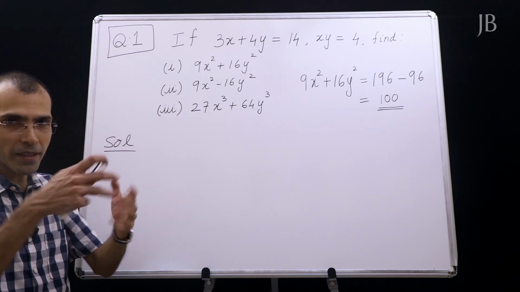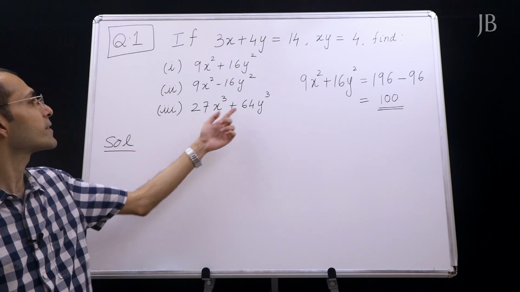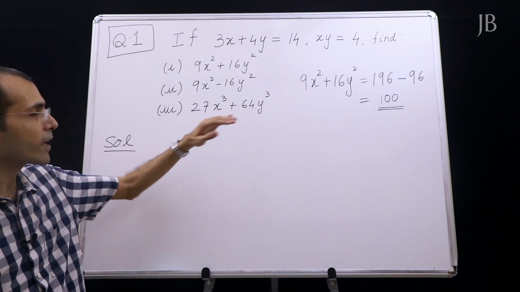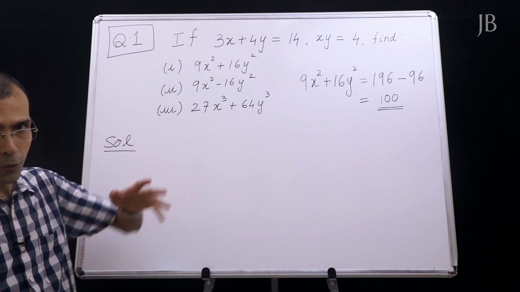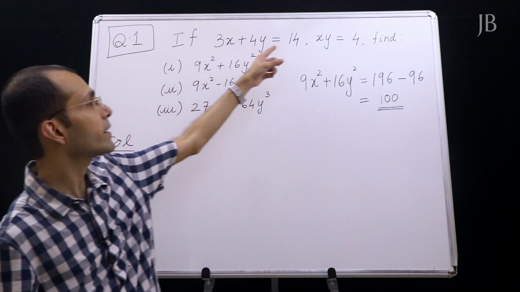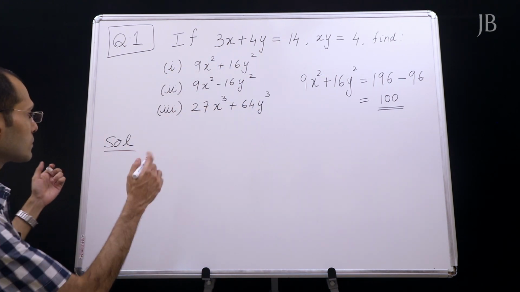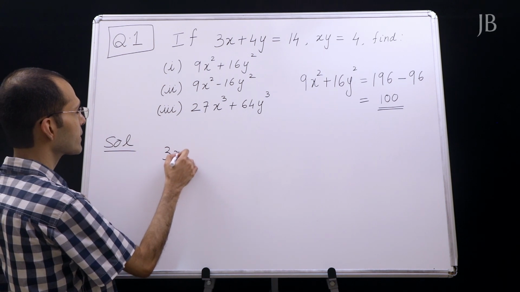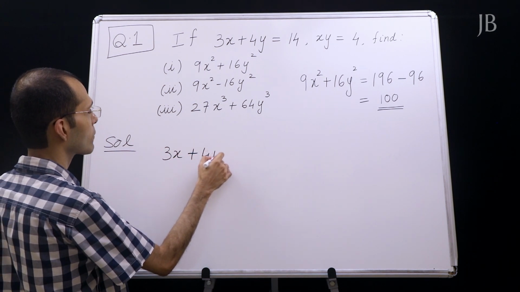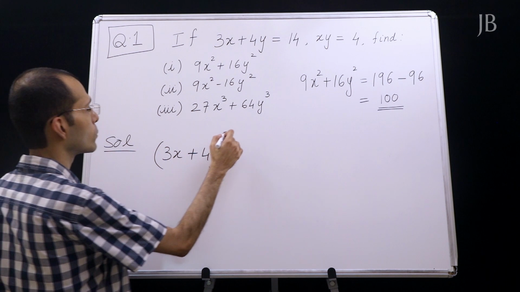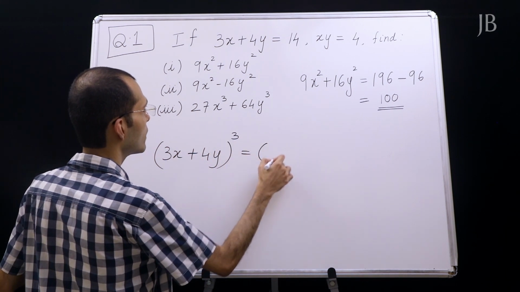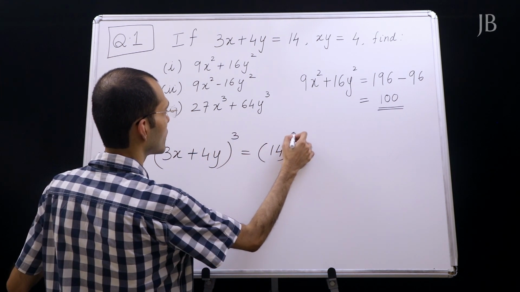And that if you cube it and then substitute and all, you will get this. So 3x plus 4y is our base term required. Do we have that? Oh yes, it is directly given. So it will be now 3x plus 4y, the whole cube, will equal 14 cube.